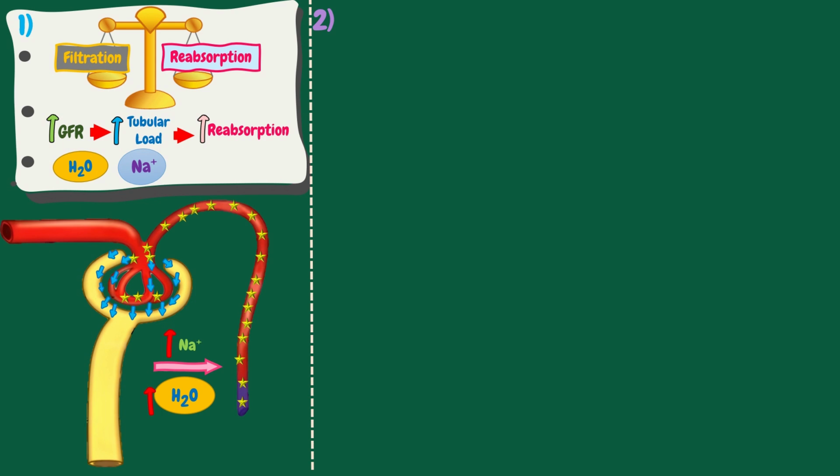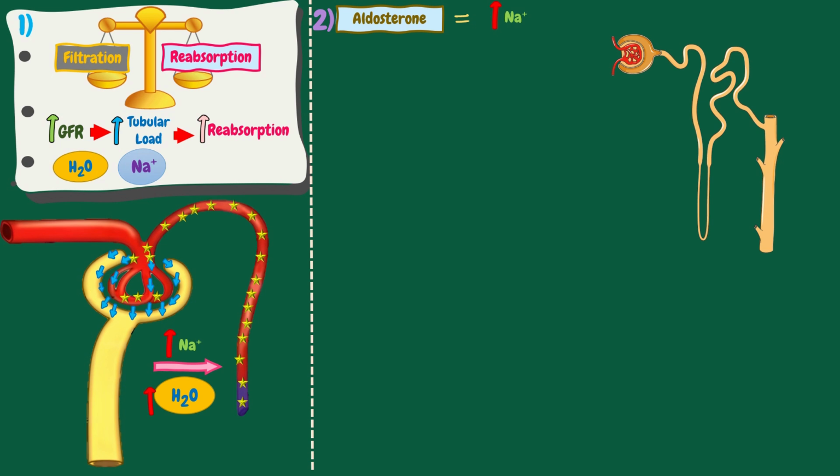Now let's discuss the hormonal factors. So, the hormones that regulate tubular reabsorption are aldosterone. Aldosterone increases sodium reabsorption in the ascending limb, distal convoluted tubule, and collecting duct. Second hormone is angiotensin II.